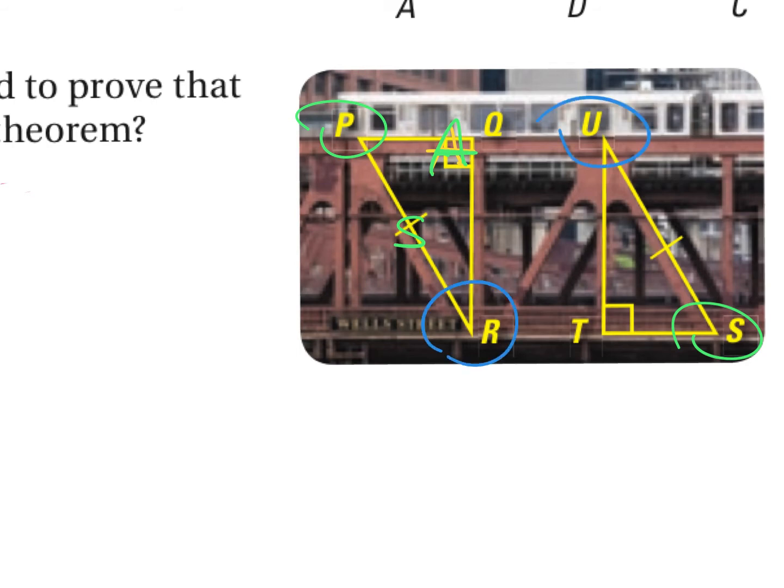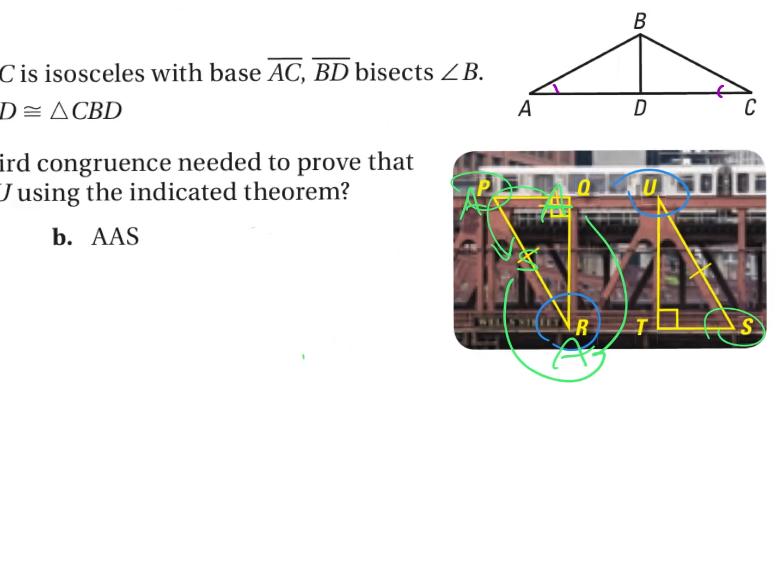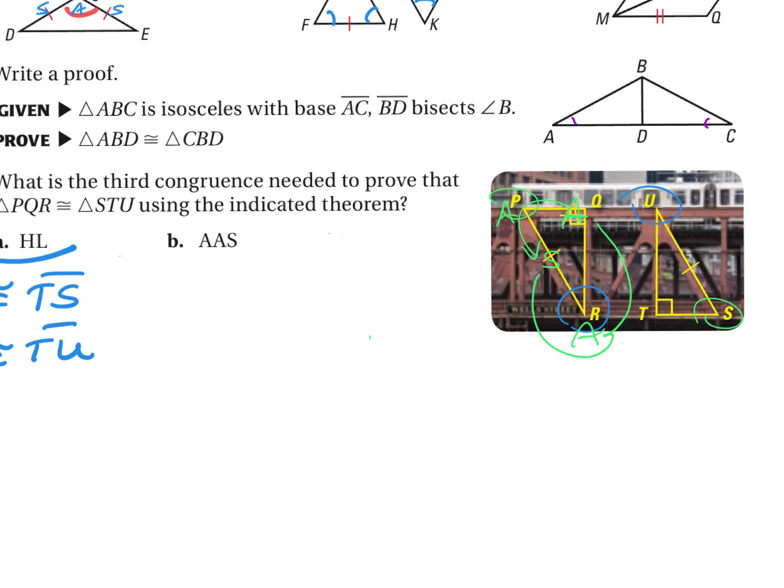And then I would have had an angle, angle, side, or if I did it this way, I would have had an angle, angle, side. So what I needed to state, in order to use that, would have been angle P congruent to angle S, or angle R congruent to angle U. That's what I would have needed to use angle, angle, side.